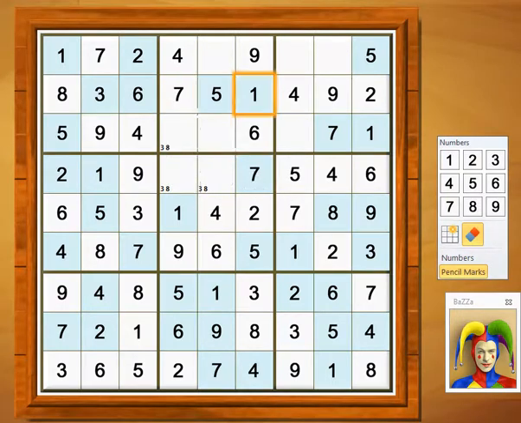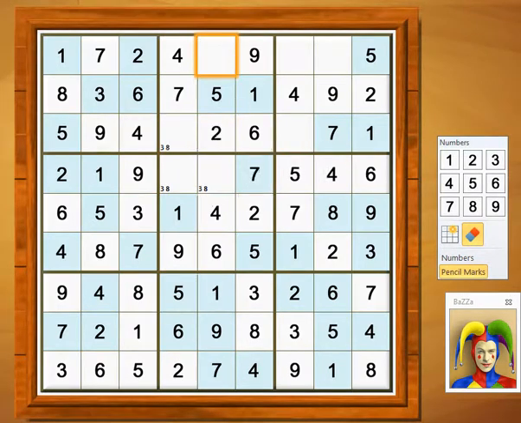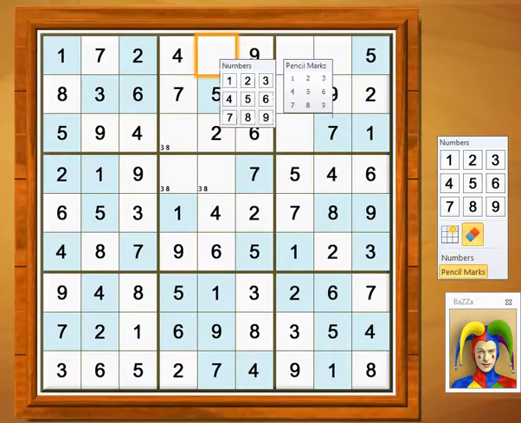So in here we've got 3 numbers missing, which is going to be 2, 3 and 8. There's already a 2 there. We can't have the 2 here, so that means that is the 2. And this here is the 3 or the 8.